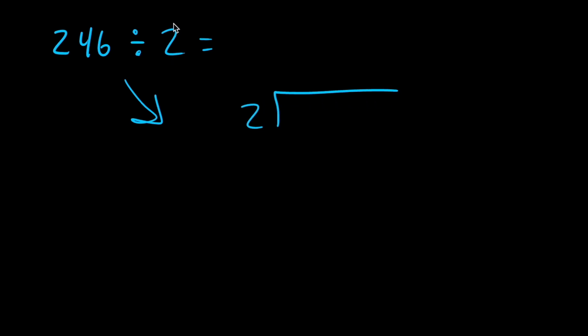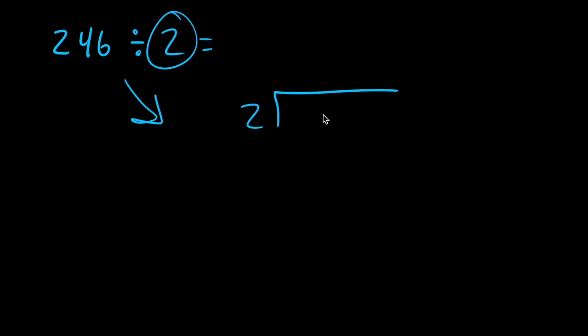Now let's practice more. Let's say 246 divided by 2 equals. So let's go ahead and write this as a long division problem. So we'll have the 2 outside. That's the divisor.